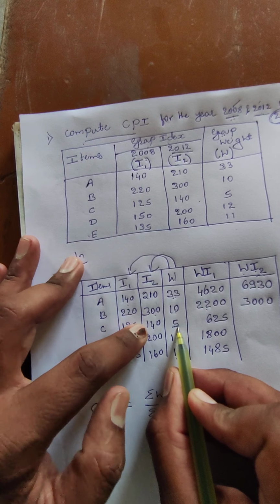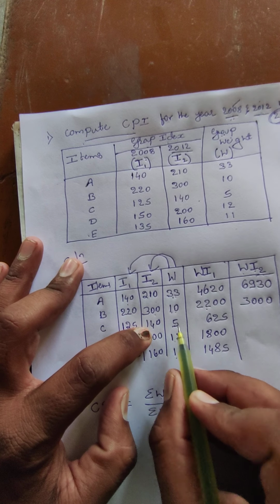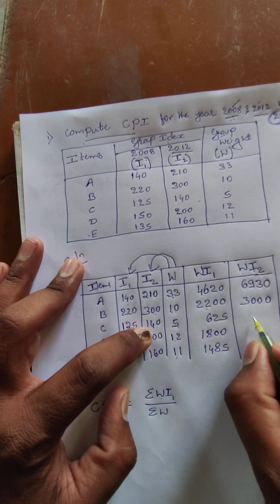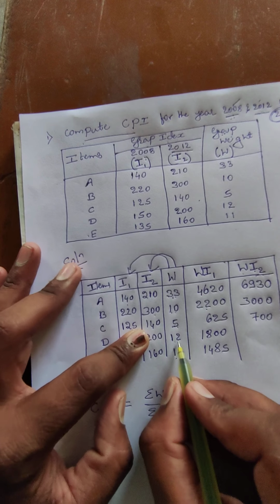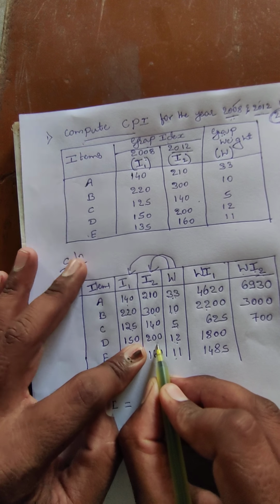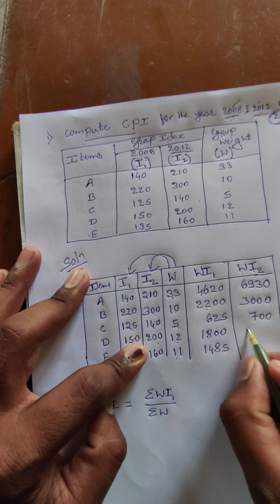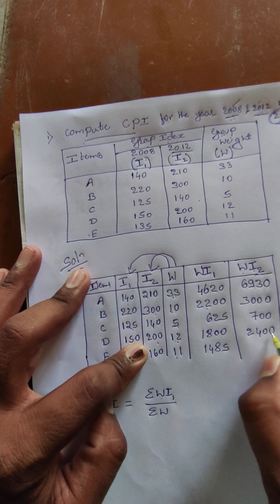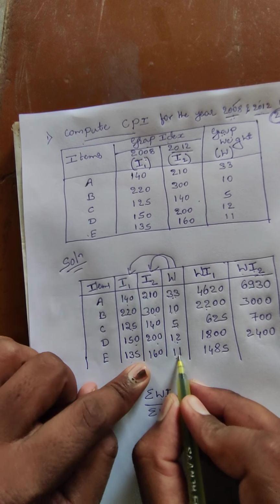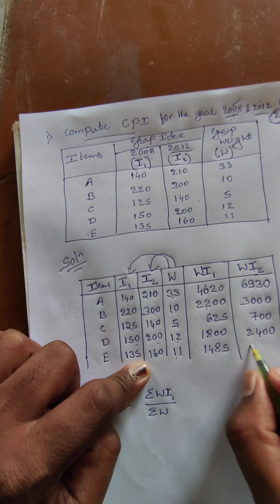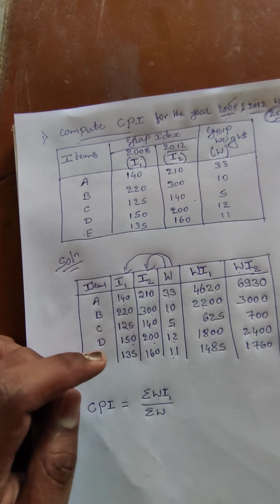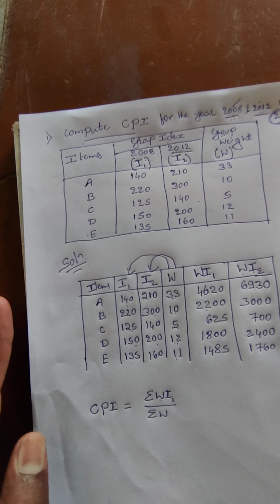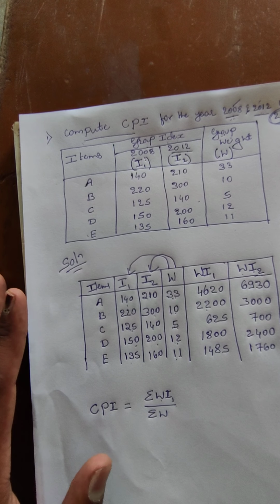Next 5 into 140, the value is 700. Next 12 into 200, we get 2400. Next 11 into 160, we get 1760. So before applying the formula, we first find out the required information.